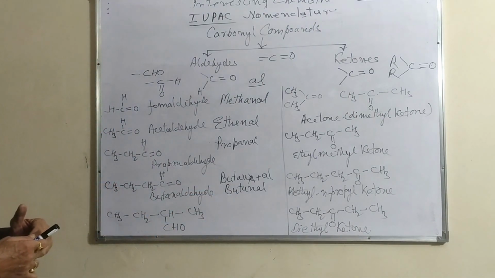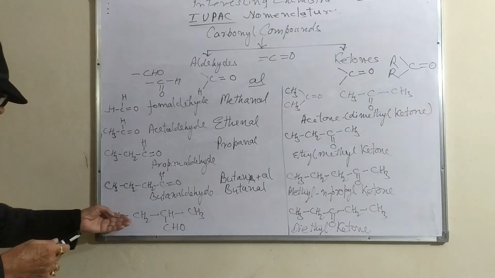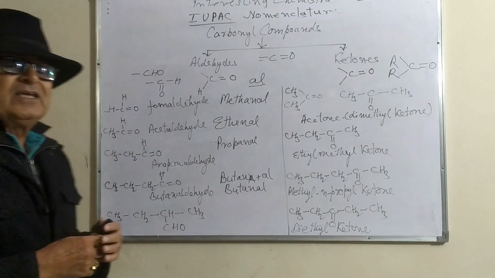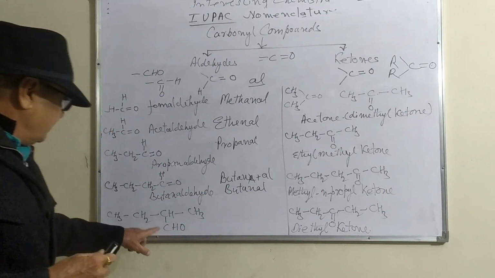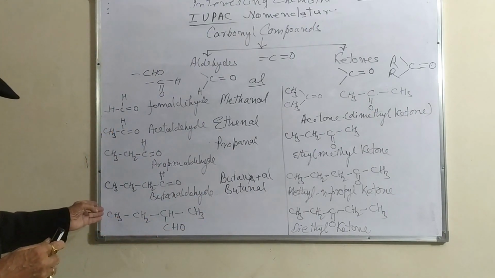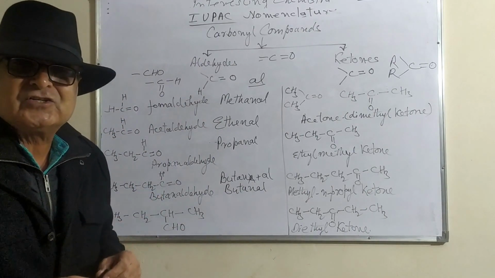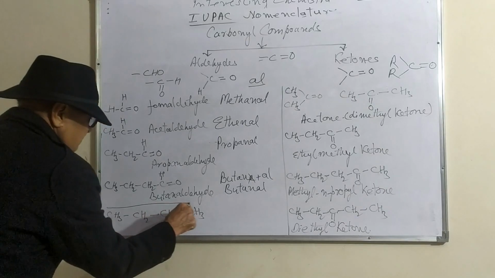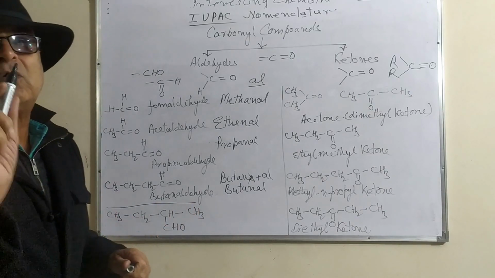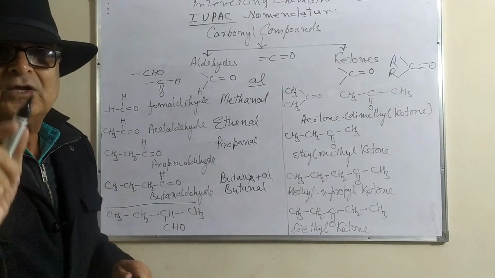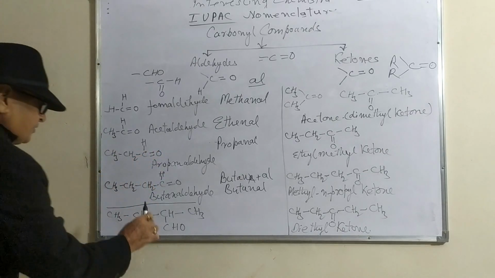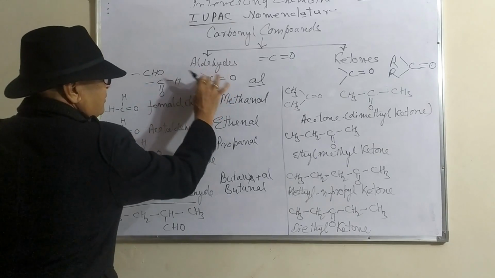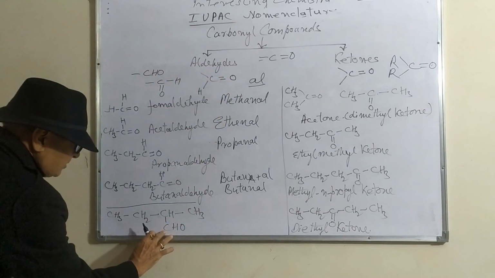Now here I write CH3, CH2, CH3. Then you see how many carbons are there in the longest chain. If you select these 4 carbons as the longest chain, you will be wrong. Starting from this carbon, CHO, where is CHO? This CHO.